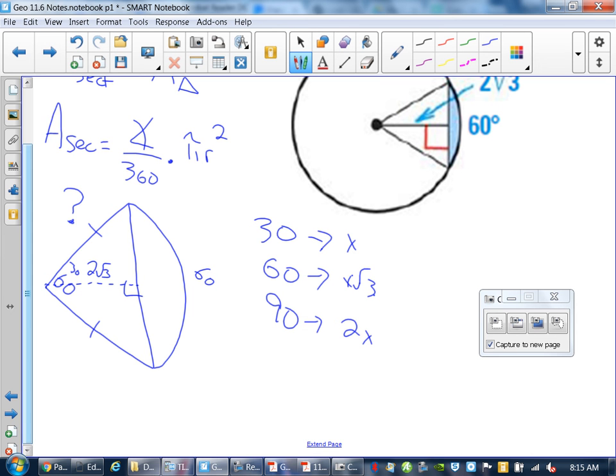Across from the 60 is 2 root 3, which means across from the 30 is 2. So this is 2 root 3, this is 2, and this is 4, which makes your side lengths 4.